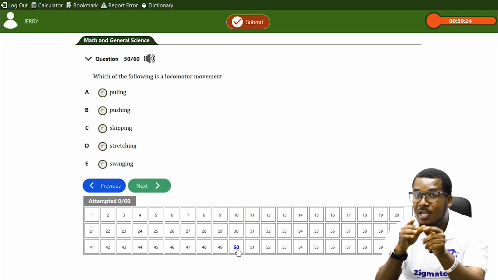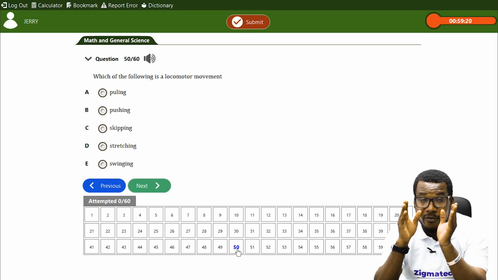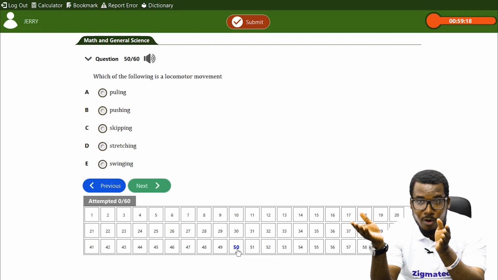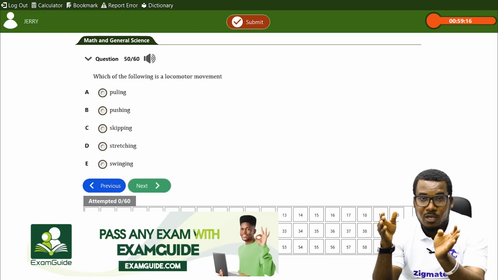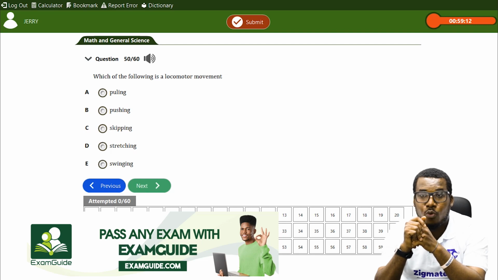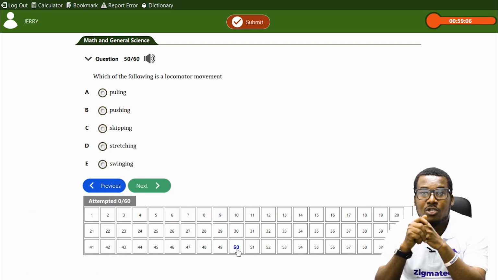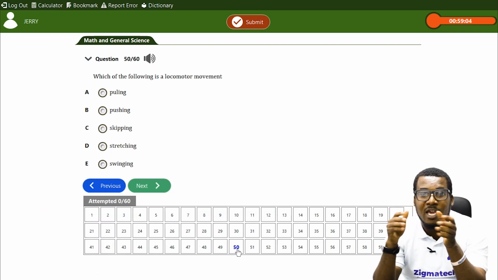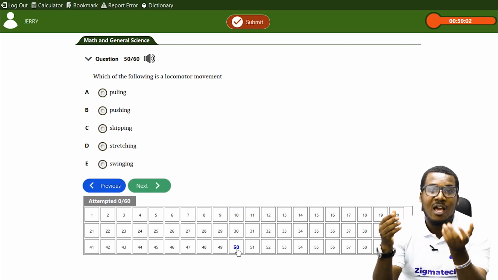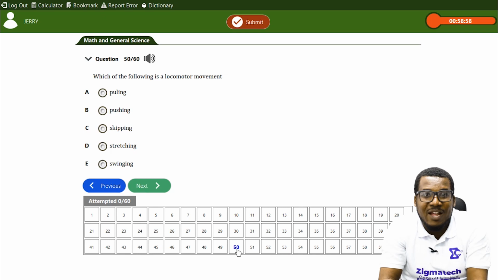So don't make a mistake. The word locomotor deals with every one of these movements we've stated, and there are even more. We've just stated a few. There are up to 12 or 15 of them, depending on which one you want to use, mainly in gymnastics, for those into the gymnastic field of sports or games, who are familiar with so many of these movements.